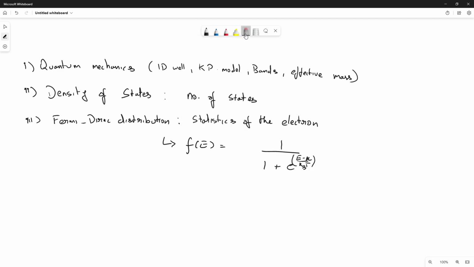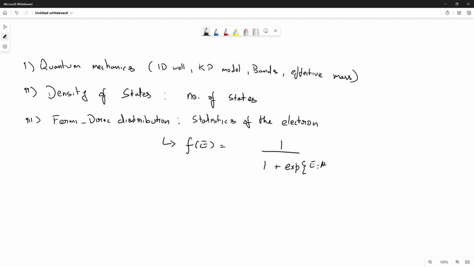Let me make this slightly more readable. The probability of finding the electron at energy E. Very good. Thank you for completing that statement.